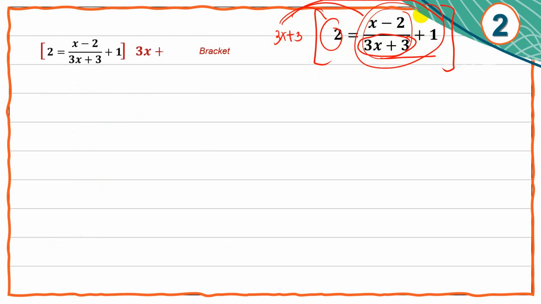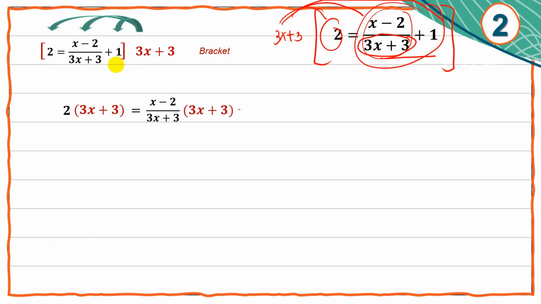So we will put a bracket, 3x plus 3, and distribute to each one. Let's start with 2 times 3x plus 3 equals x minus 2 over 3x plus 3 times 3x plus 3, and then 1 times 3x plus 3. So as you can see, we just distributed 3x plus 3 across all.